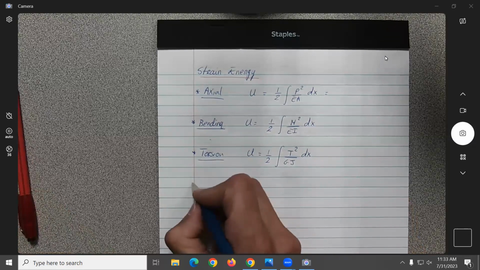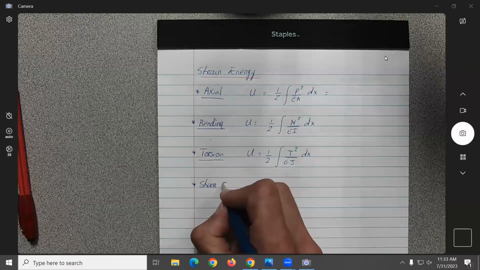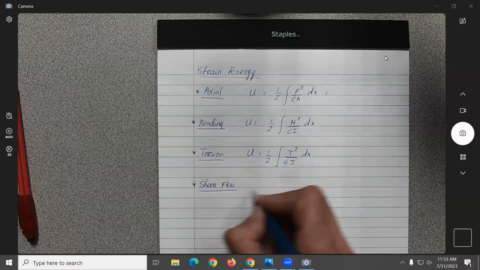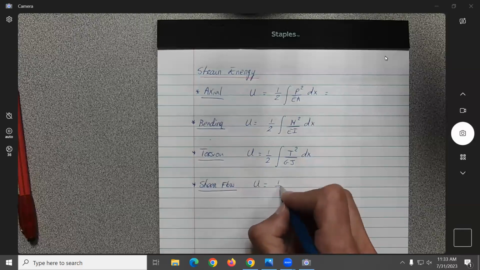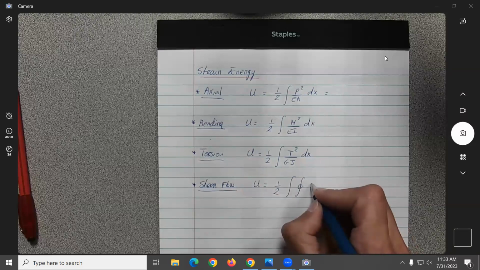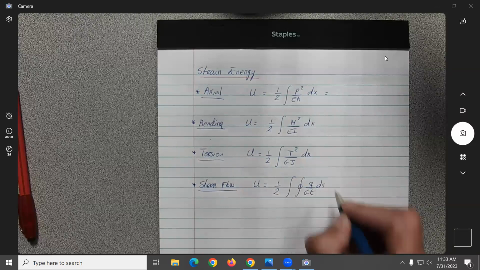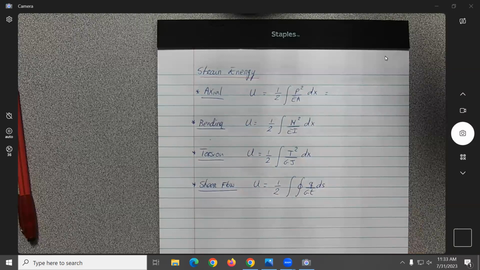And the last one, the one I'm really going to need help with, is for shear flow, which is equal to 1/2, and then we have of what? Of q over Gt ds. Is that correct? Can you check? And then dx. Can you go add it?